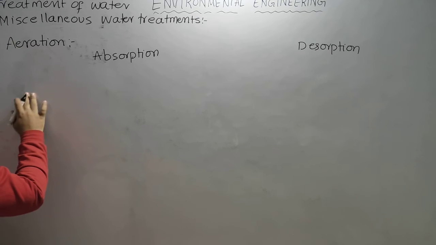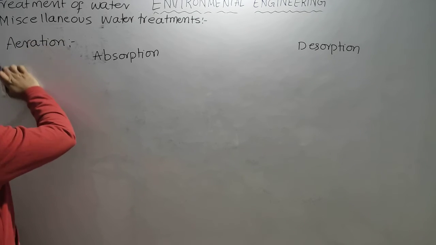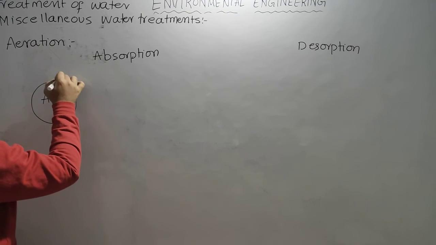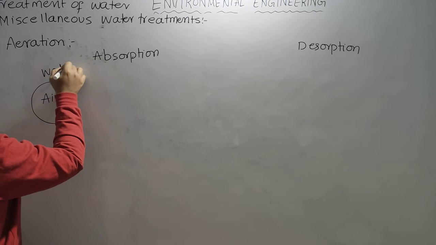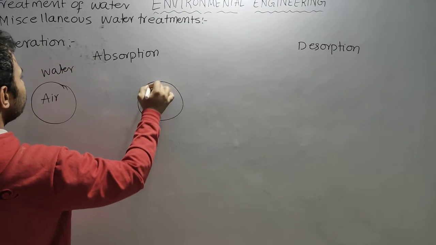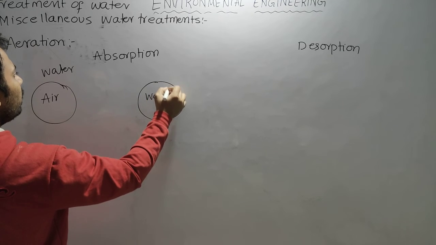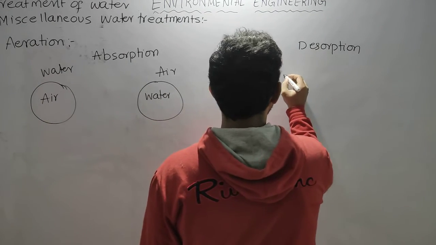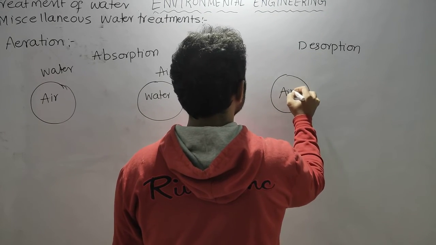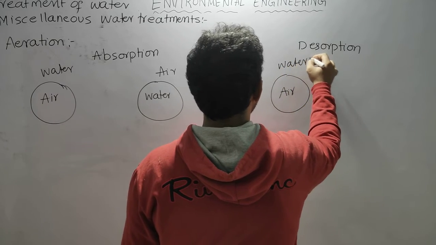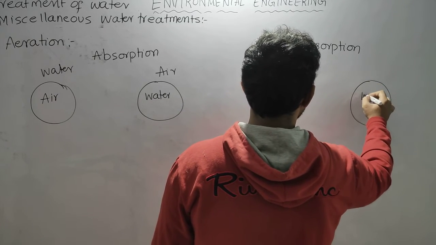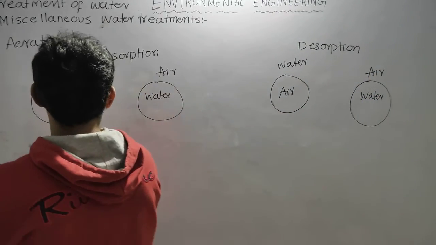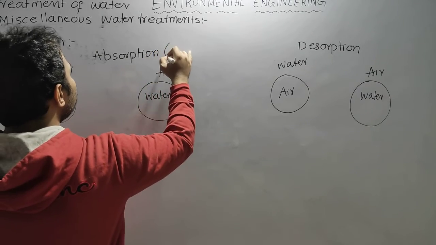For absorption, one figure is air inside, water outside, and the other is water inside, air outside. Similarly, for desorption there will be two figures: one with air inside, water outside, and another with water inside, air outside.